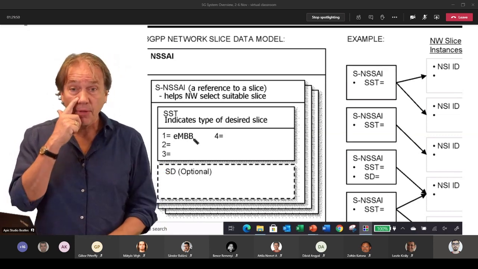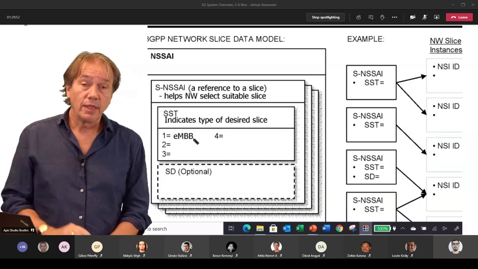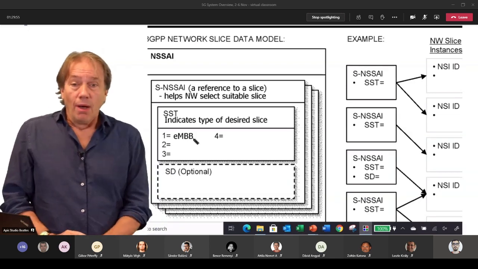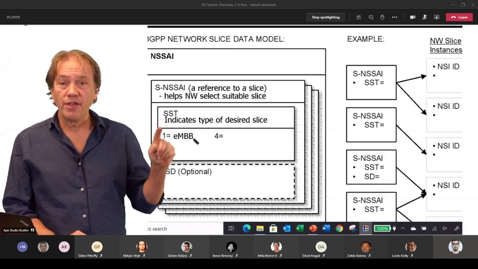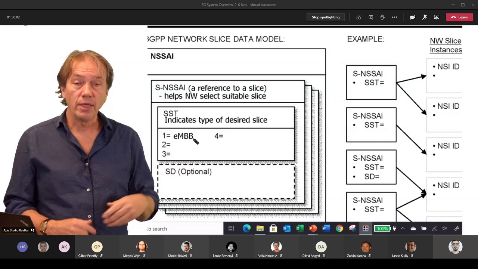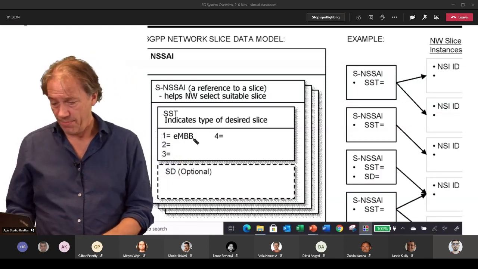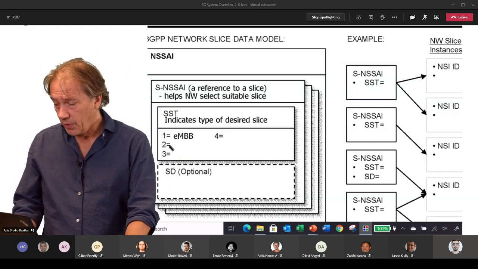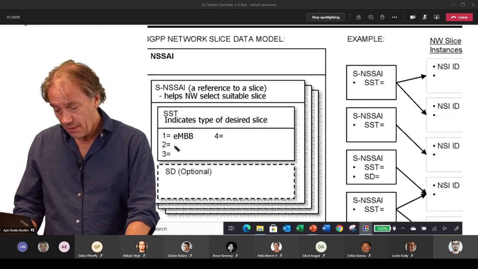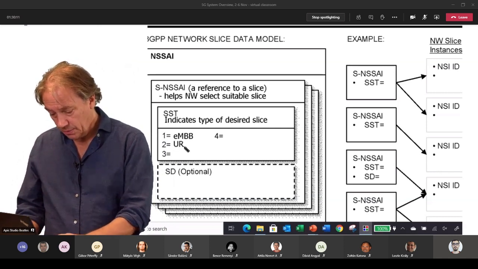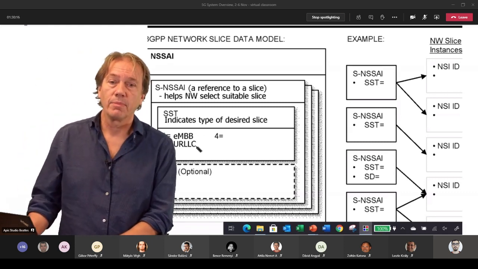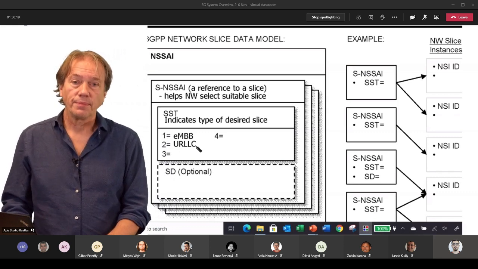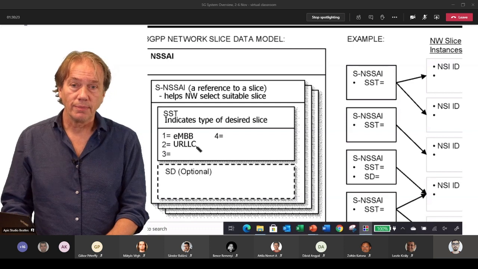Standardized here means standardized by 3GPP, which means that in all networks that comply with the 3GPP specifications, SST value 1 means an eMBB type of slice. SST value 2 means URLLC, ultra reliable, low latency communication.